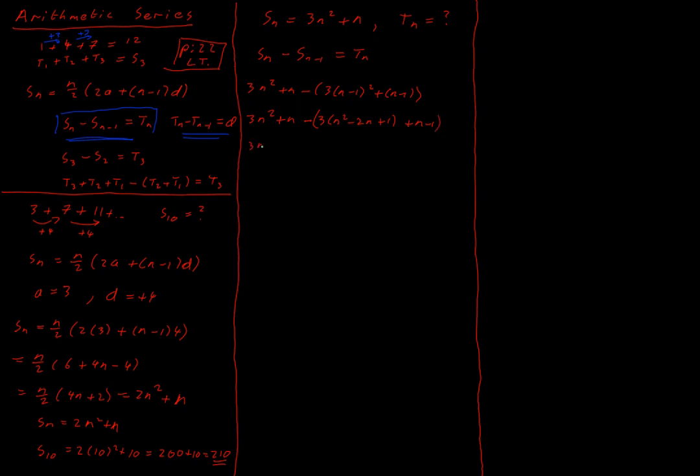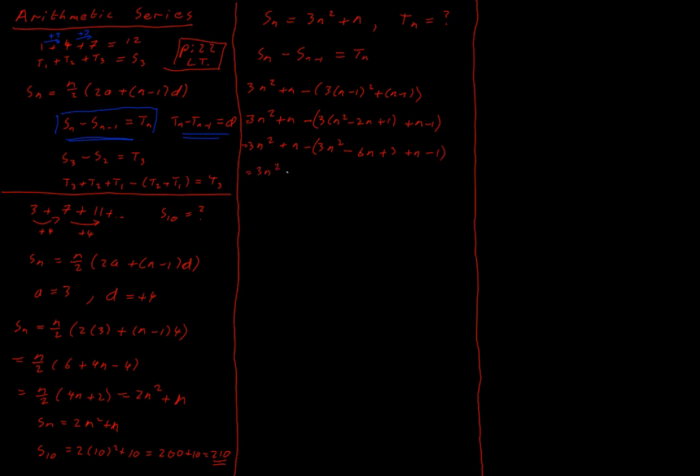And I end up with 3n squared plus n, minus, I should have an equals in between each of these lines, minus 3 times the bracket, n squared minus 2n plus 1, plus n minus 1.